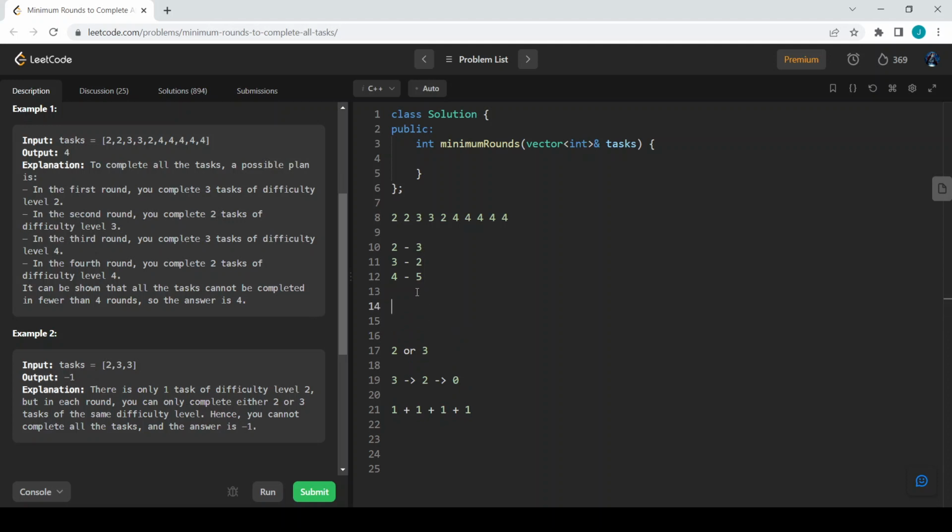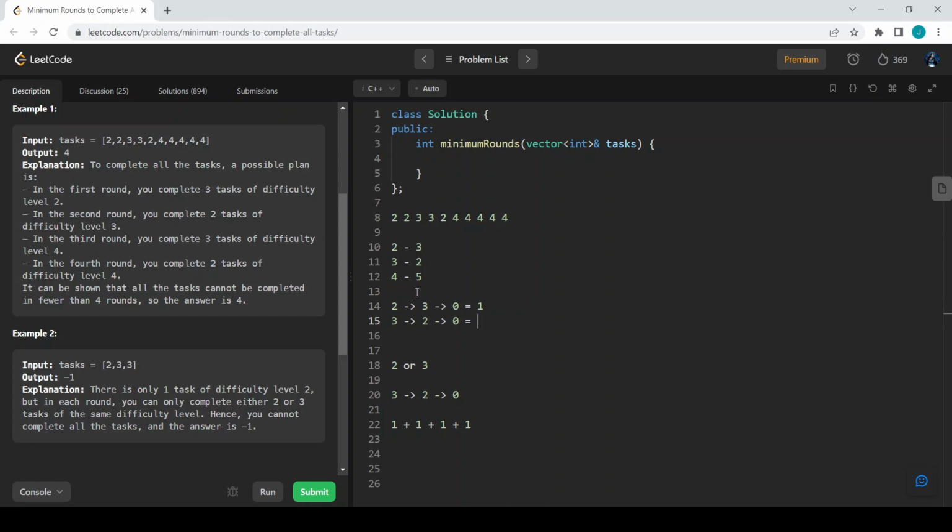For difficulty level 2, there are a total of 3 tasks available. We take 3 tasks, and we have reached 0. So the total rounds here is 1. For difficulty level 3, we try to take 3 tasks, but there are not 3 tasks at all. We have only 2 tasks, so we complete these 2 tasks, and we reach 0.